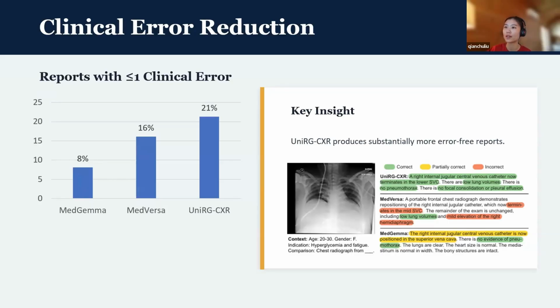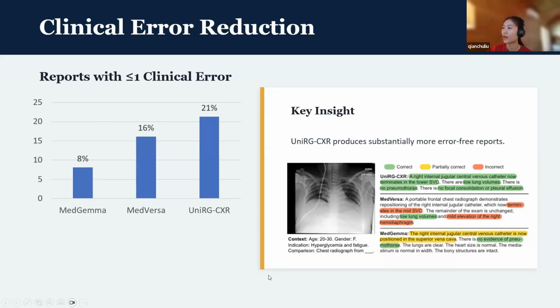You can see that UniRG-CXR has about 21% of the reports that are close to error-free, compared to earlier models, which is a big boost in performance.